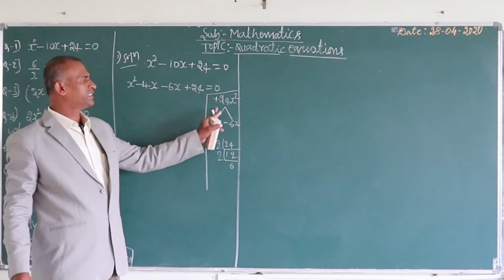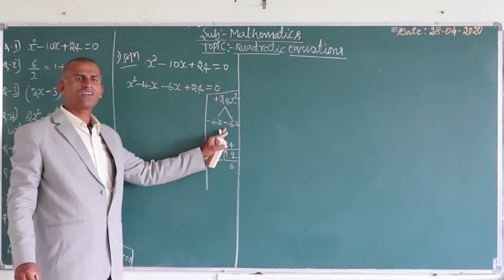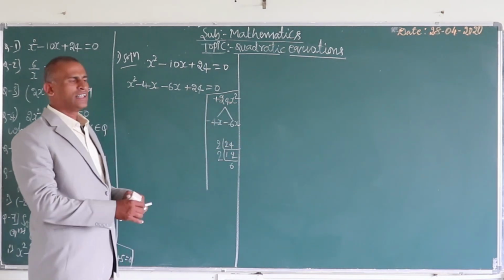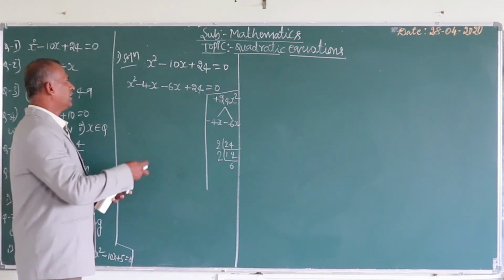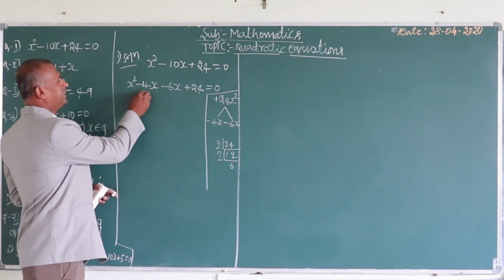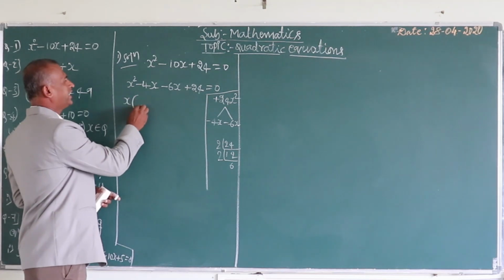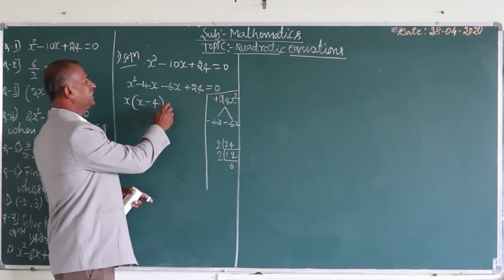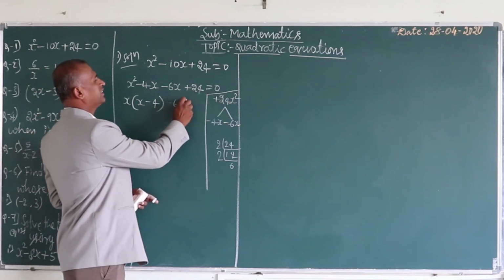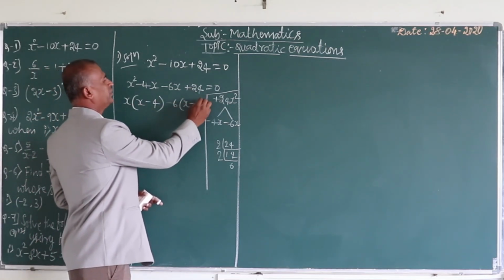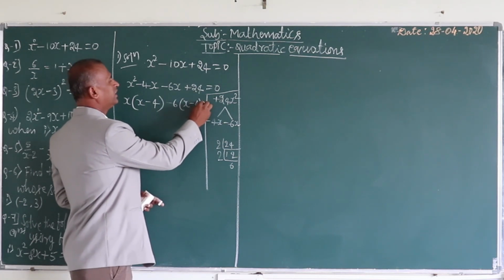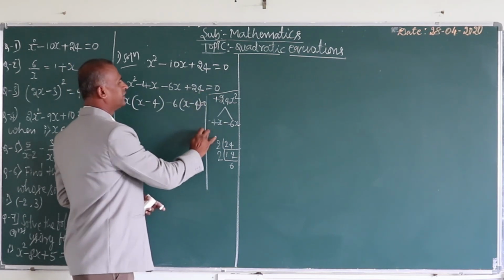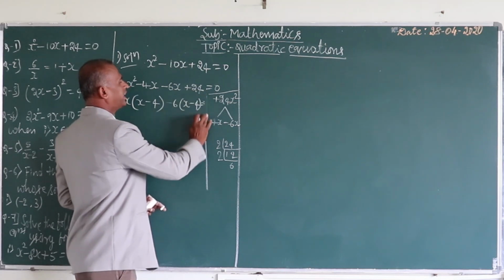Minus into minus is plus, 4 into 6 is 24, x into x is x square. Now we have to take common: x is common, so x minus 4 remains here, and if you take minus 6 common, here also it will be x minus 4, which is common, equals to 0.